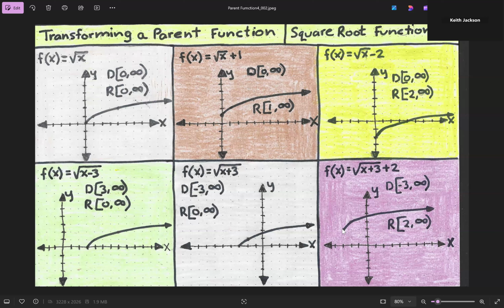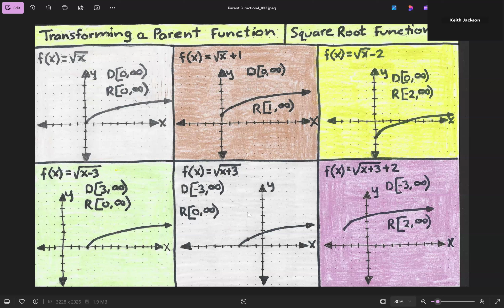So it starts right here. With that in mind, our domain will start from negative 3 to positive infinity, and our range will start from 2 to positive infinity.